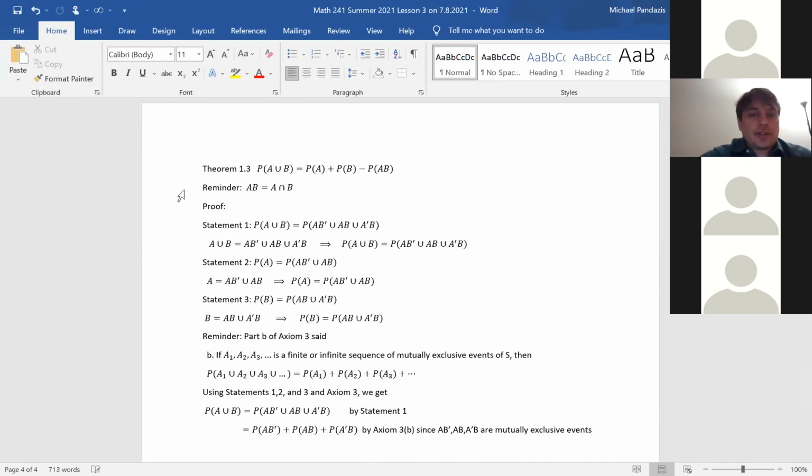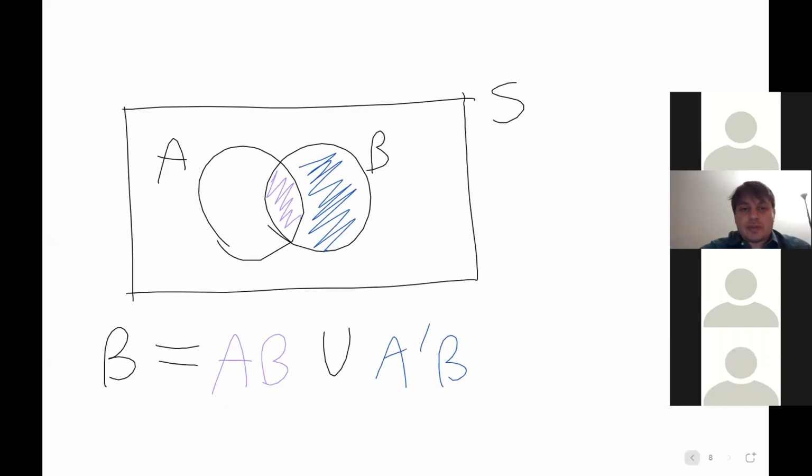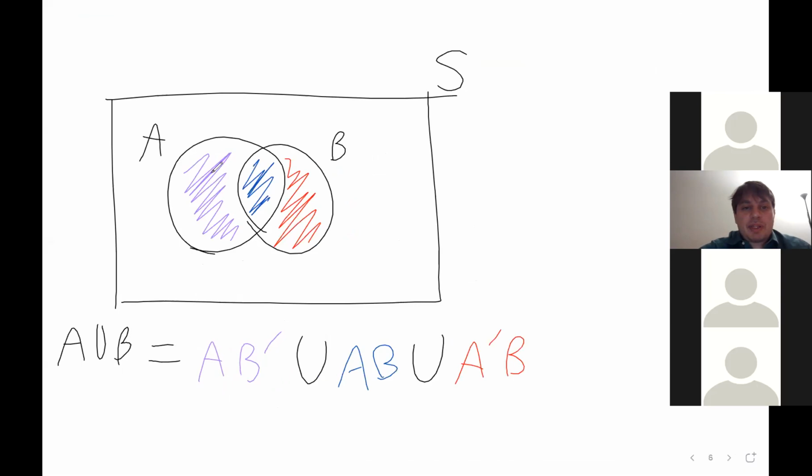Earlier, when we talked about AB prime, AB, and A prime B, we showed that they were different. They're not overlapping. These 3 different sets don't overlap, right? And so as events, they're mutually exclusive. So these 3 sets are mutually exclusive.